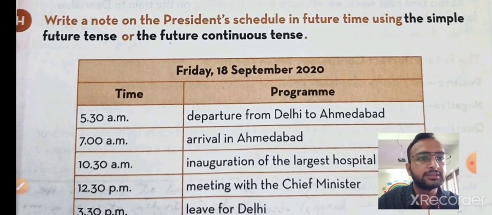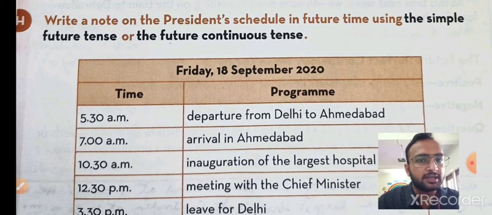So here is the next thing. Write a note on the precedent schedule in the future time using the simple future or the future continuous tense. So this is basically an exercise for you people, that you have to make a schedule for a precedence time table that is going to be held in future times.